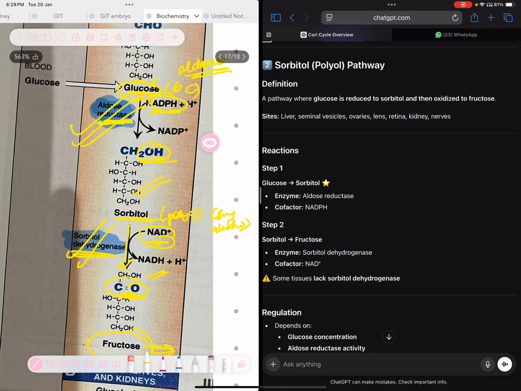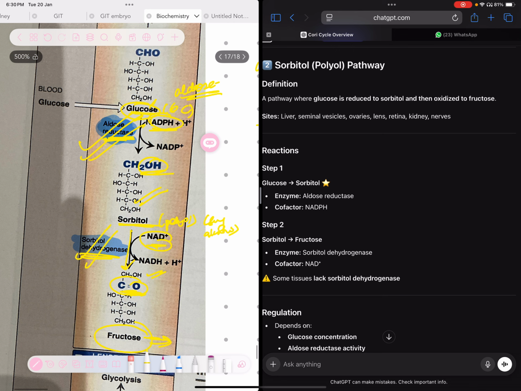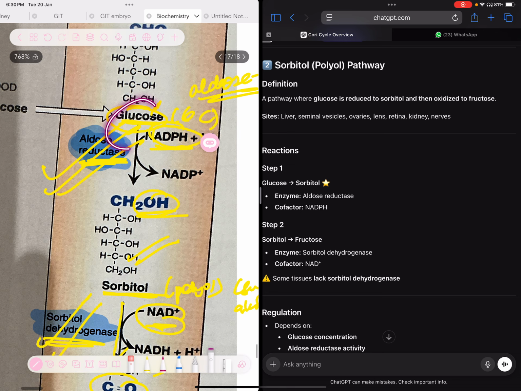Now, most sugars are rapidly phosphorylated following their entry into the cell. So as soon as they come into the cell, they're phosphorylated. Once anything is phosphorylated, it's trapped. It cannot go outside, and they cannot freely cross the membranes without the need of specific transporters. So an alternate mechanism for metabolizing a monosaccharide is to convert it into a polyol by the reduction of an aldehyde group, producing an additional hydroxyl group.